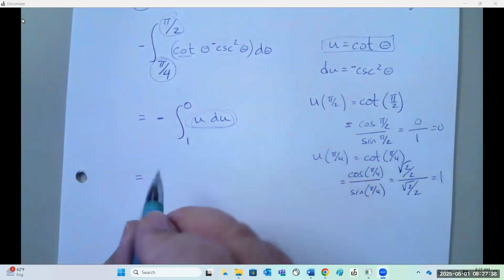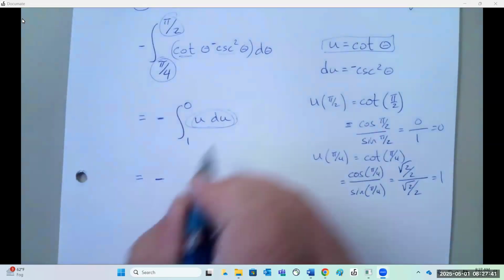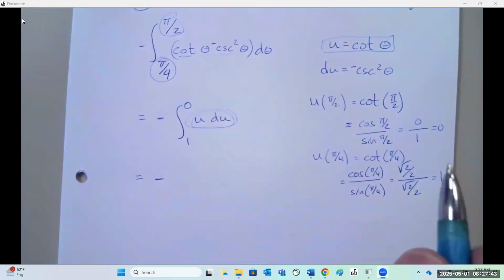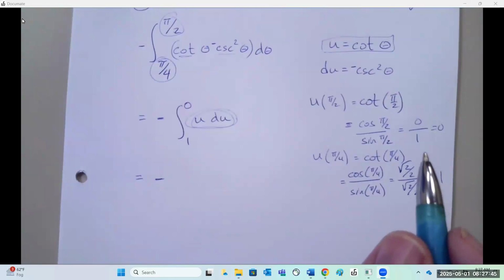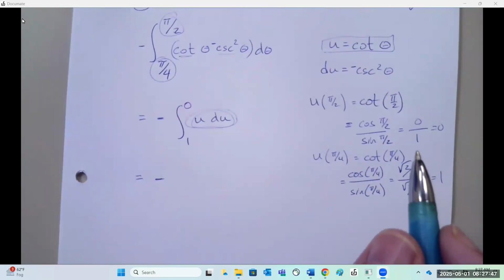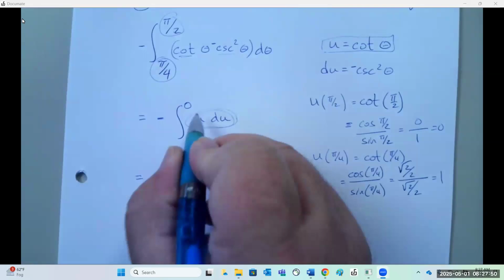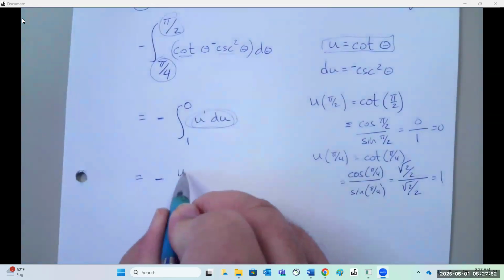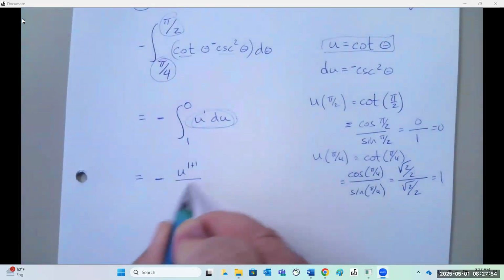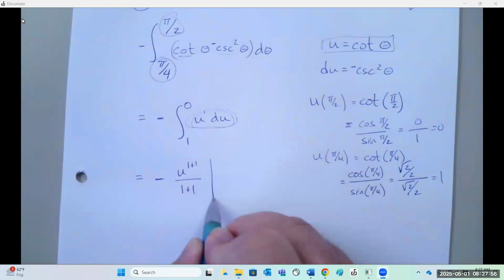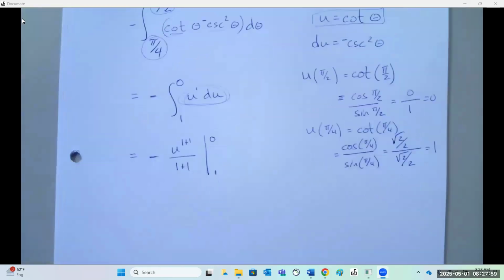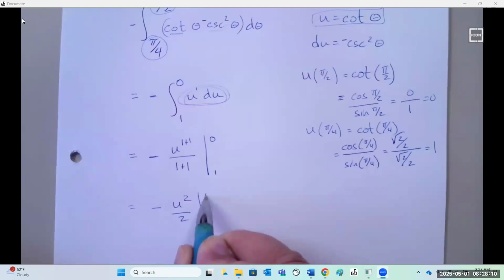So what's the integral of u? It's u to the power 1, so it's u to the 1 plus 1 over 1 plus 1. We're not substituting back. We're leaving it as u. So it becomes u squared over 2 from 1 to 0.